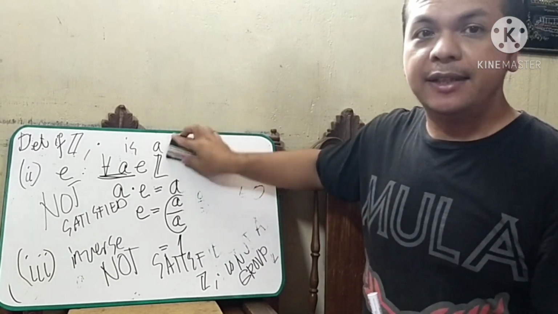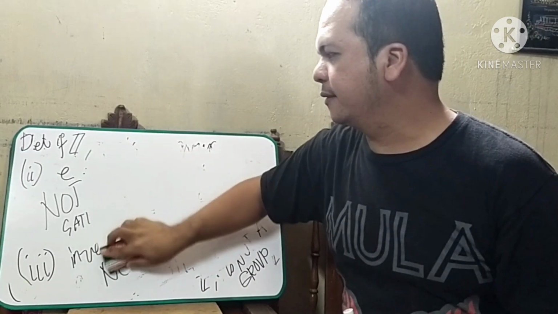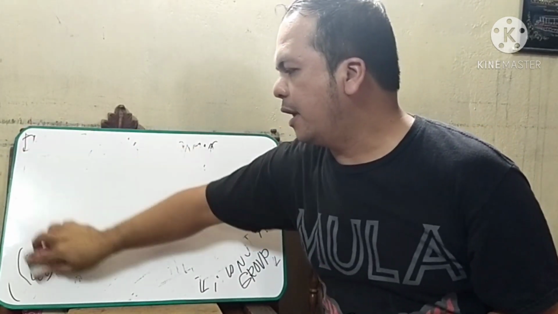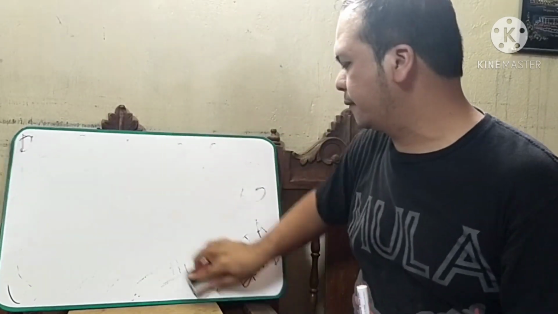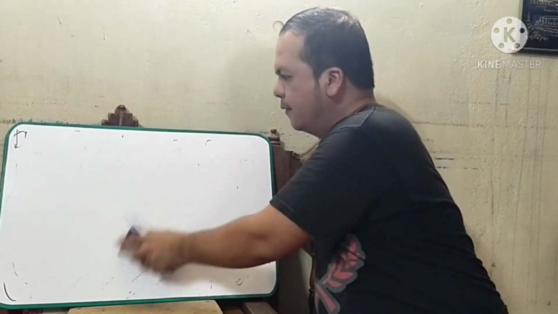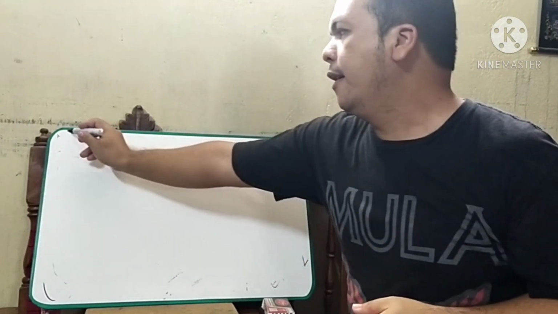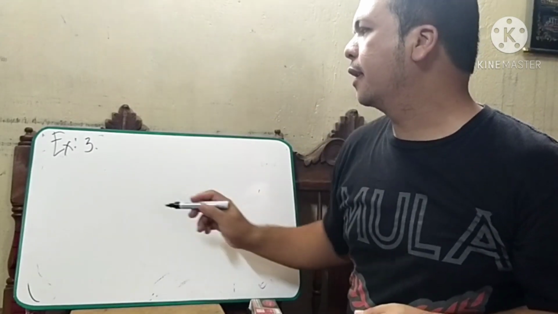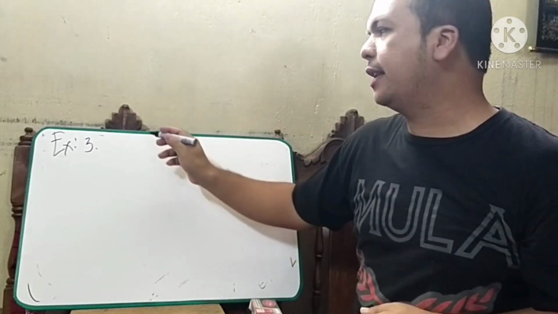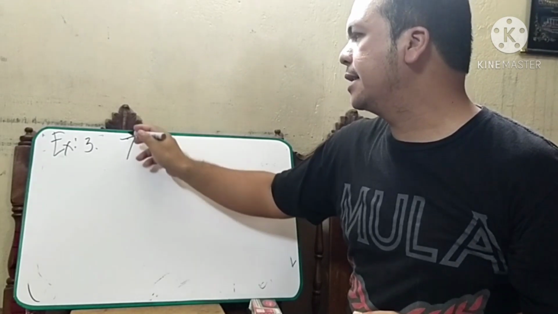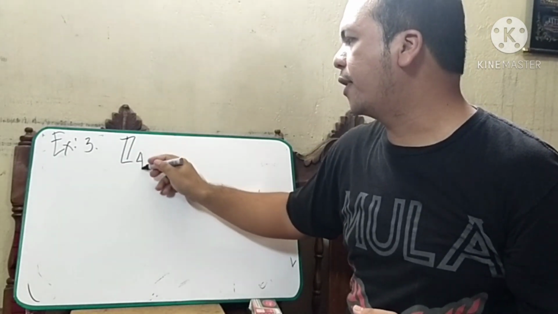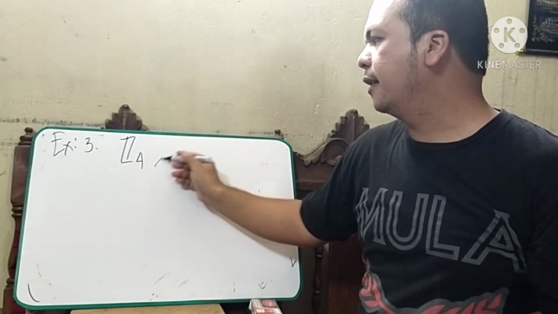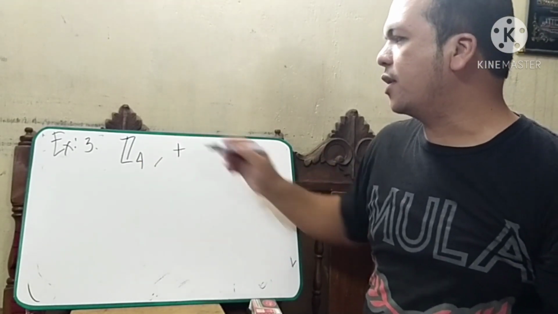Now for our third example, we will involve modulos. Okay. For our third example, ang set natin is, say, Z sub 4. Okay, Z sub 4. And our operation is addition.